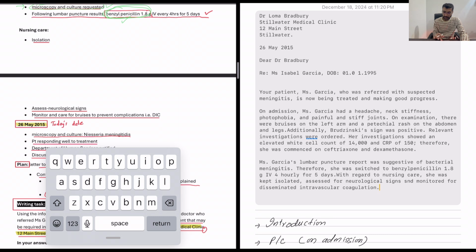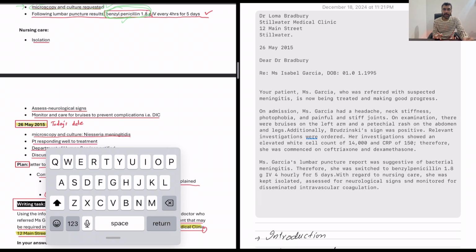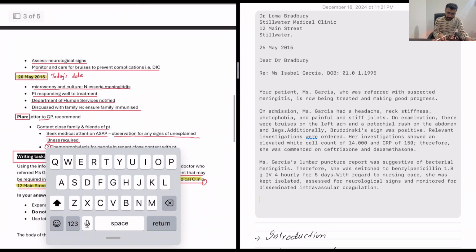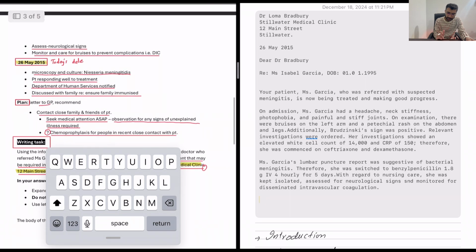Then next paragraph. In the next paragraph, we will write microscopy and culture reports, and the patient's current status, which is given here. The microscopy culture report is from today's date, 26 May.